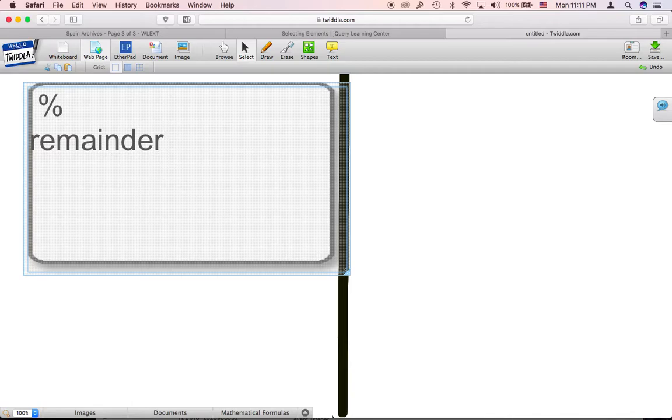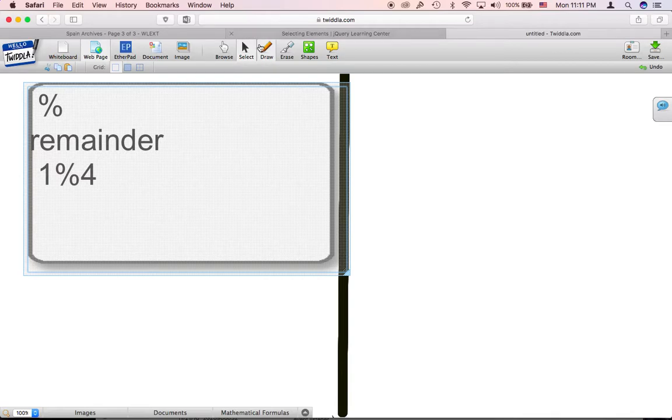And let's take an example here. Let's say we have 1 modulus 4. Now, there are 2 different ways that you can go about solving this, and I'm going to start with the way that I think is easiest first.